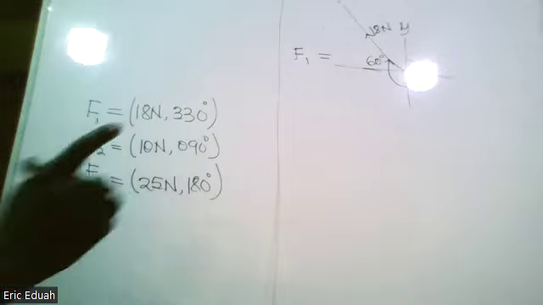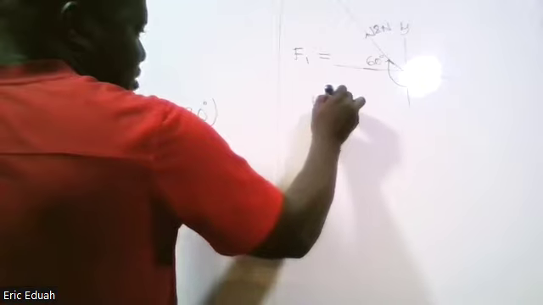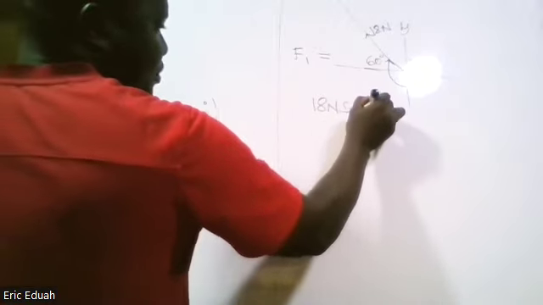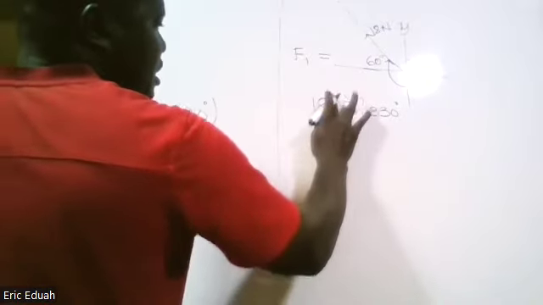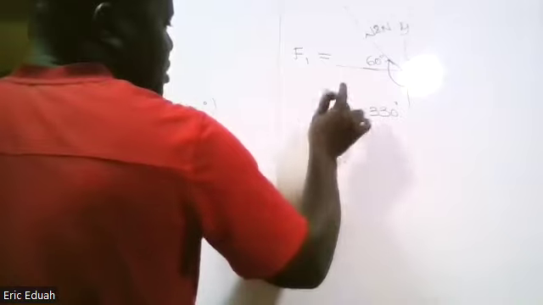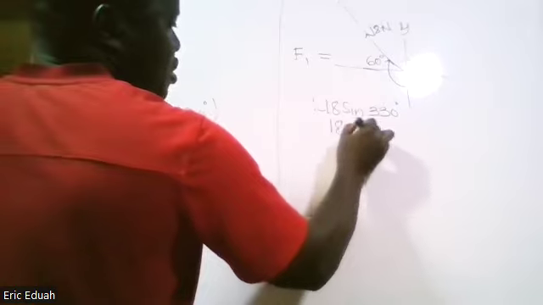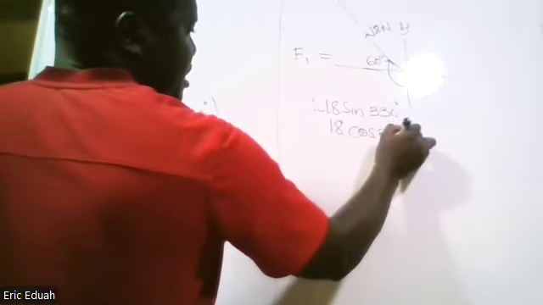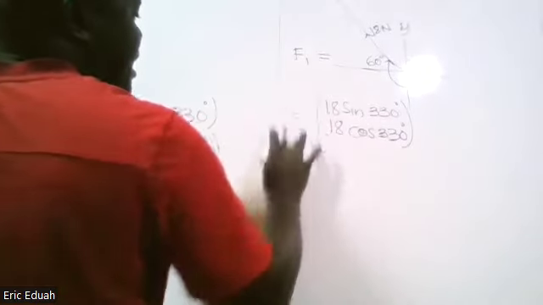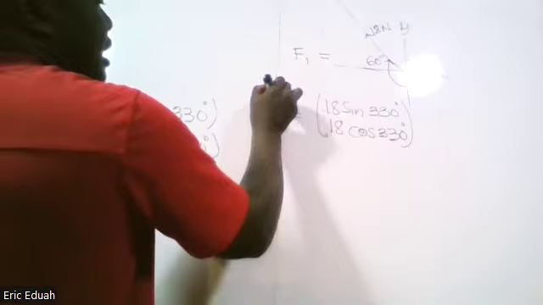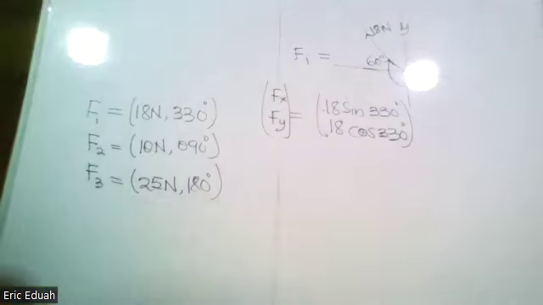Now I can easily resolve this using 18 Newton sine of 330, then 18 cos of 30 degrees. The Newton is not so important here. This must give me the x and y component of the force 18 Newton.